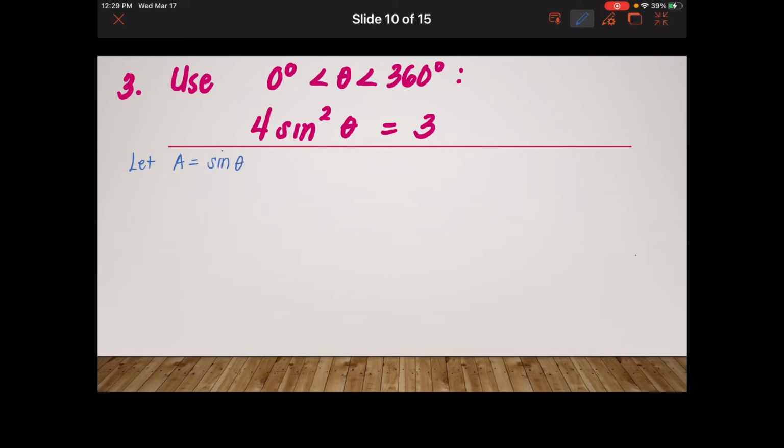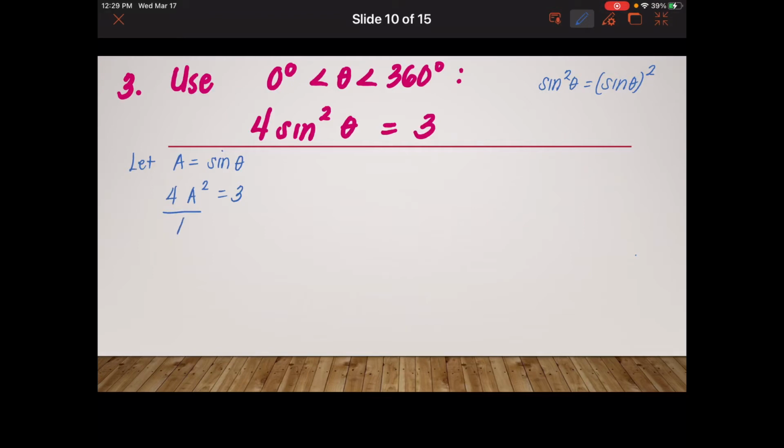Take note guys that sine squared theta means sine theta that is being squared. So my equation will become 4a squared is equal to 3.